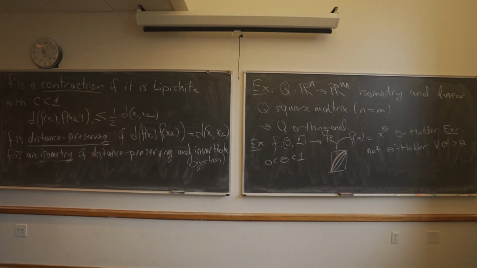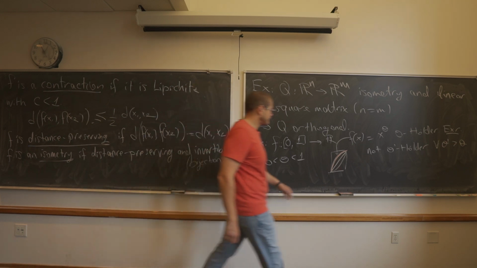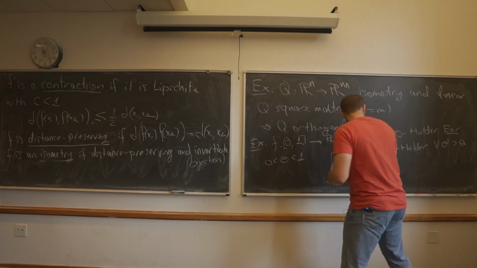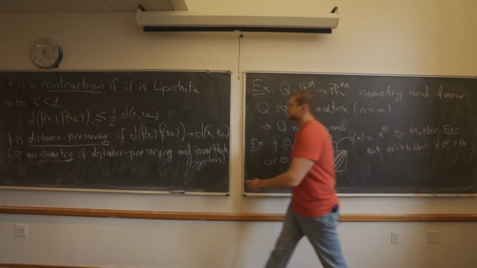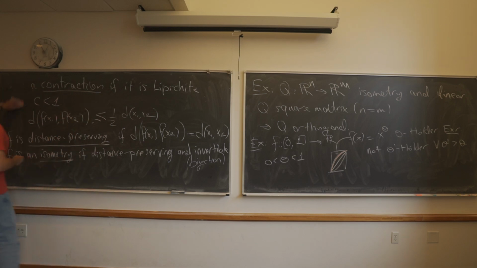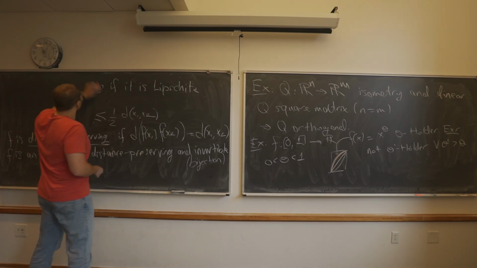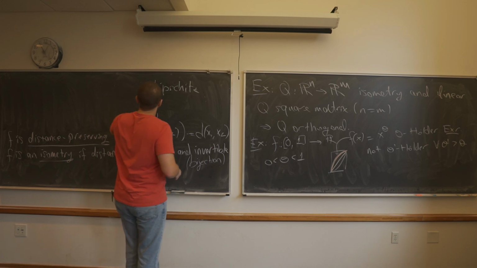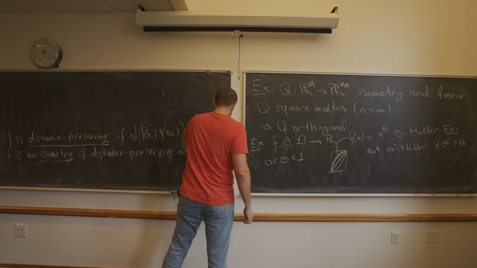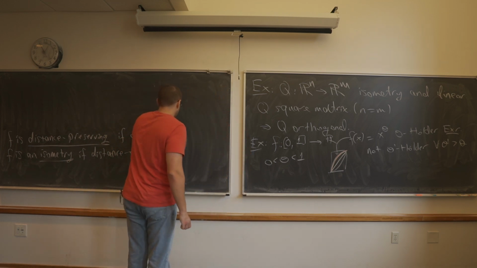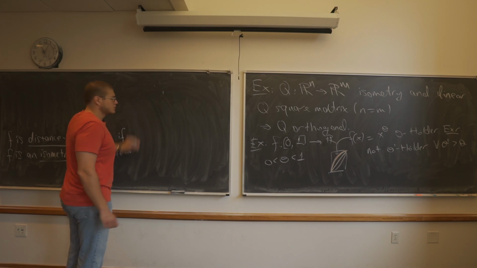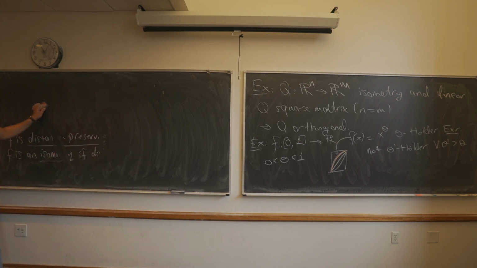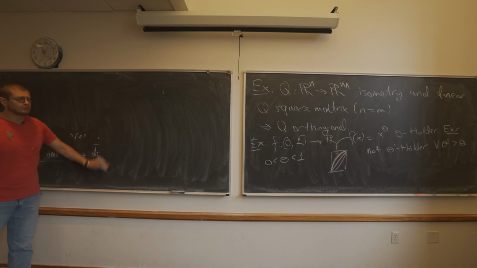Okay. Here's another example, or exercise rather. Now I said these theta Hölder conditions, or Lipschitz property, are all about controlling the slopes.